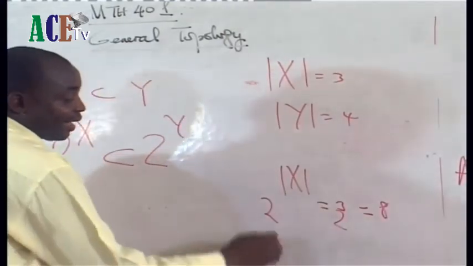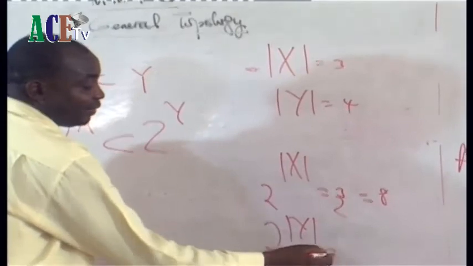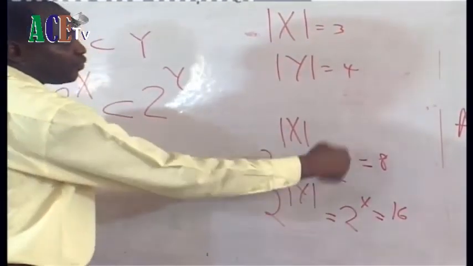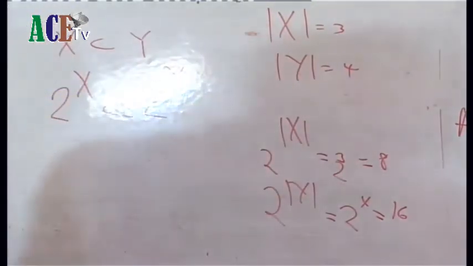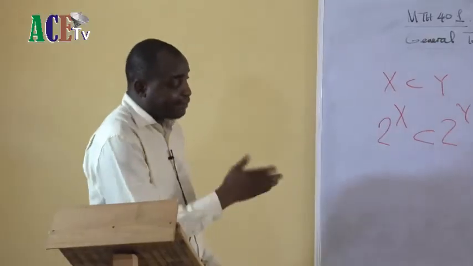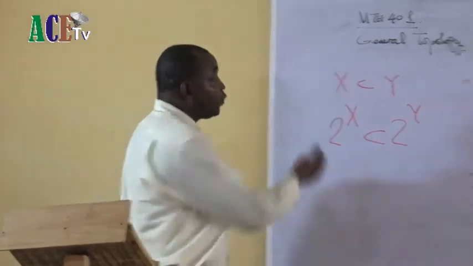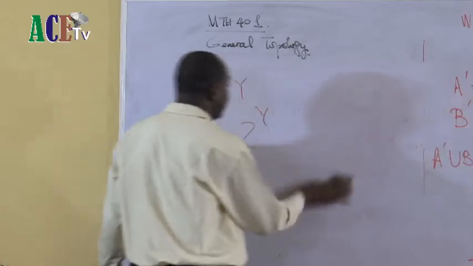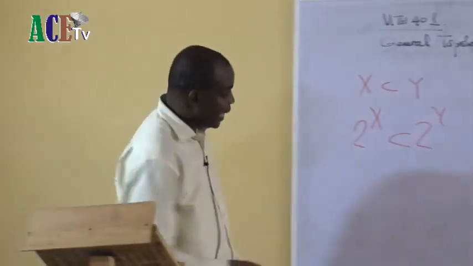And the cardinality of Y here is 4, and that gives you 16. Of course, you see that 8 is less than 16. So if you can compare two sets, you can also compare the power sets.